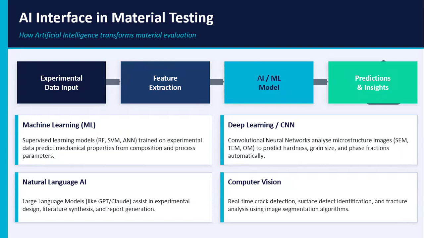Deep learning algorithms analyze microstructure images automatically. Computer vision systems detect cracks and defects in real time. Large language models assist researchers in literature review, experimental planning, and report preparation. Together, these technologies improve efficiency, accuracy, and decision making.